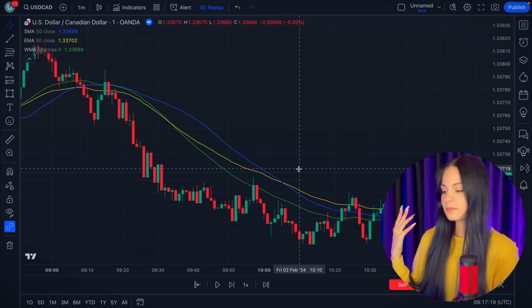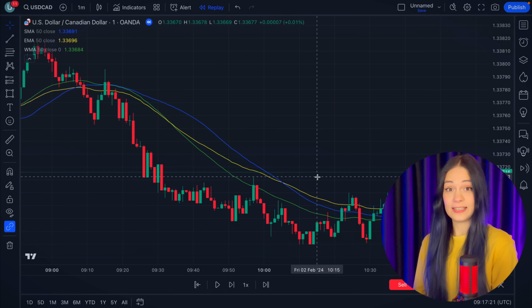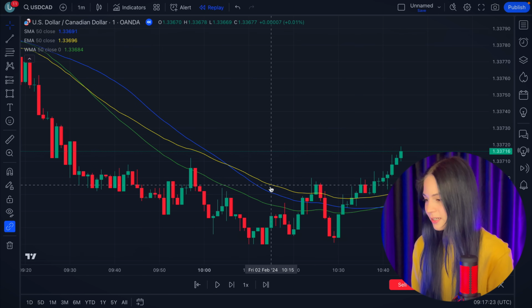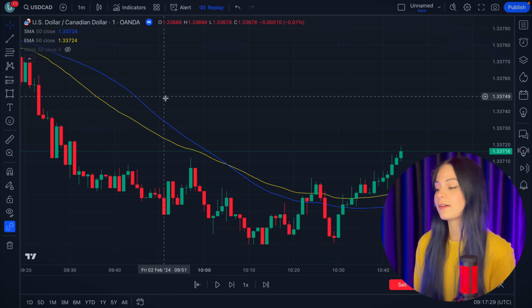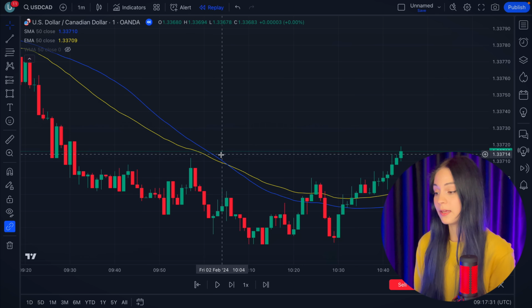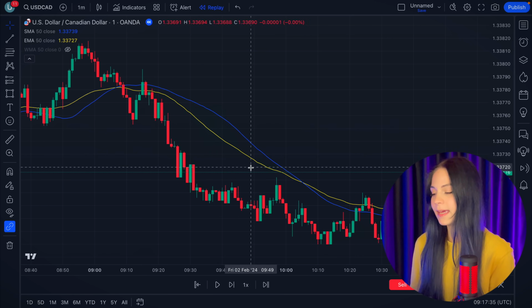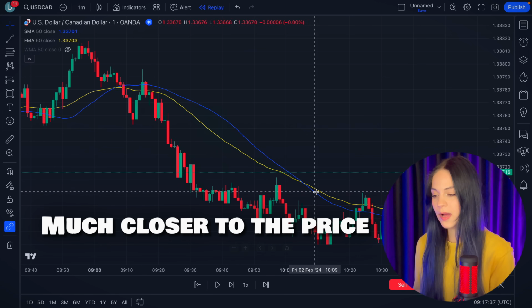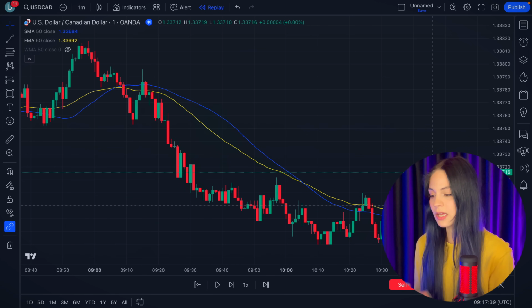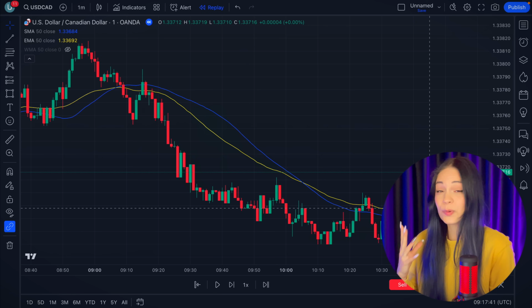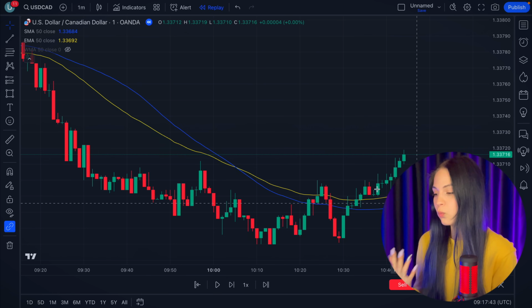So let's talk about what they give us, and let's get rid of the weighted moving average, the green one, and we have the simple moving average and the exponential moving average on the chart now. As you can see, the exponential moving average is much closer to the price, and that basically shows us the price more precisely. Why does it happen?